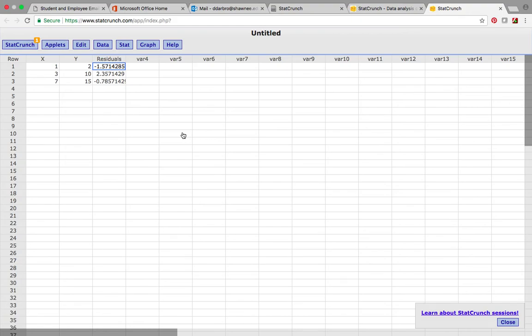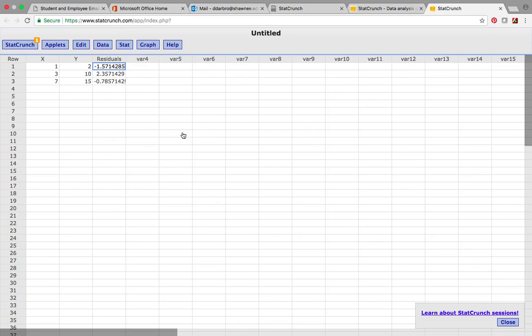So we have x and y, 1, 3, 7, 2, 10, 15. And our residuals are negative 1.57, 2.36, and negative 0.79. Guys, I'm writing this down so we'll have it when we get over there.